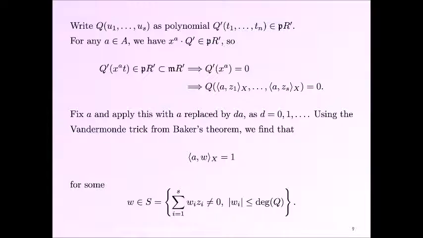So da just raises these to the dth power. This is a bilinear pairing, so this is just raising all the arguments to the dth power.